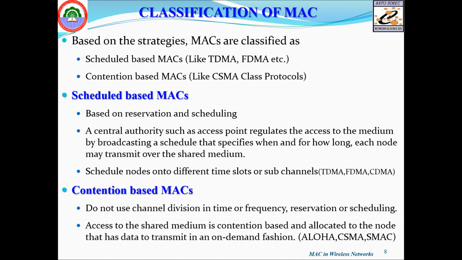So these nodes know when they have to transmit. This class of MAC protocols avoids different nodes sending frames at the same time, which would lead to collisions in the space in between. The time is divided into slots, and each node knows when to transmit in the scheduled based case.